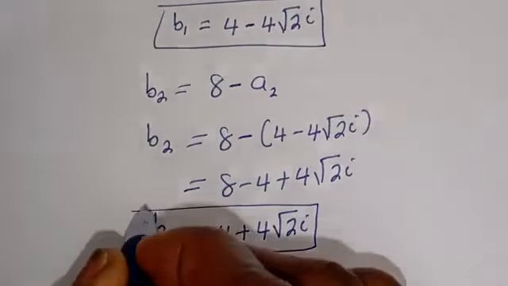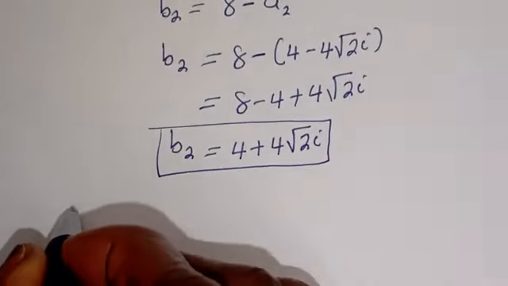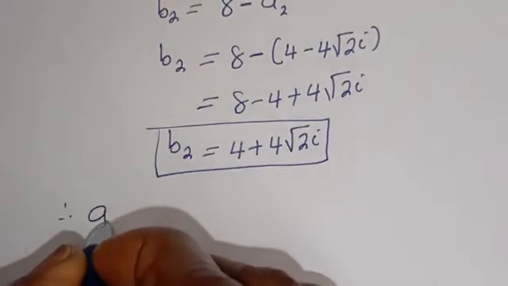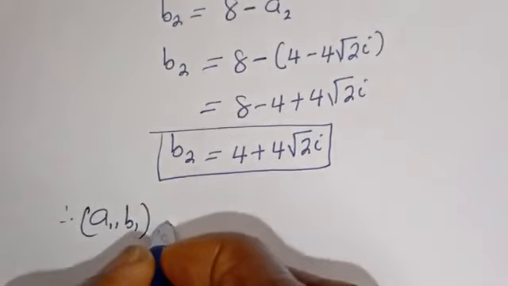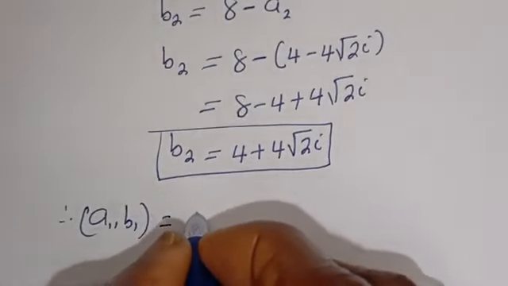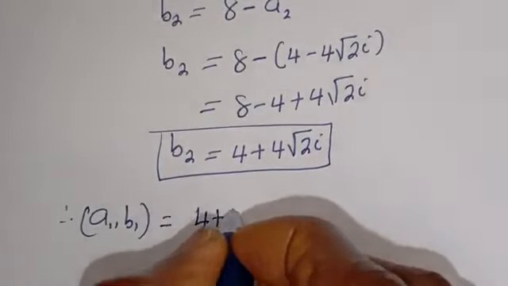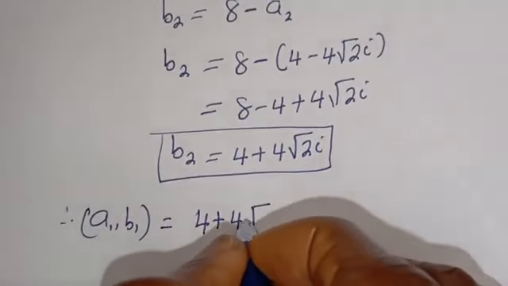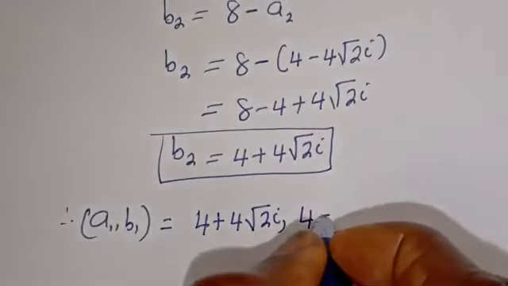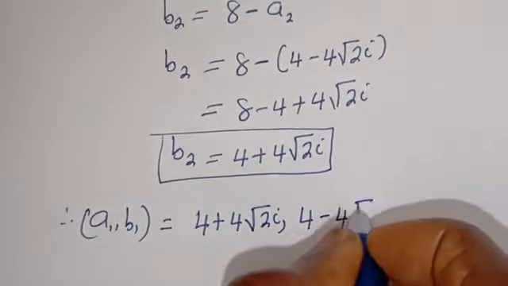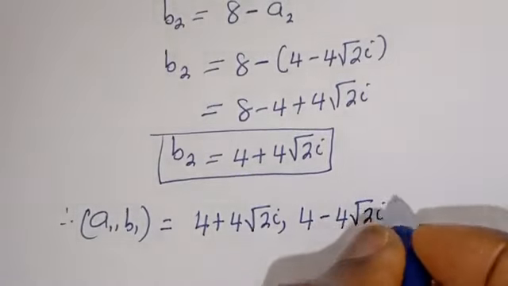We've got the value of A and B. Therefore, A1 comma B1 is equal to 4 plus 4 square root of 2I comma 4 minus 4 square root of 2I.